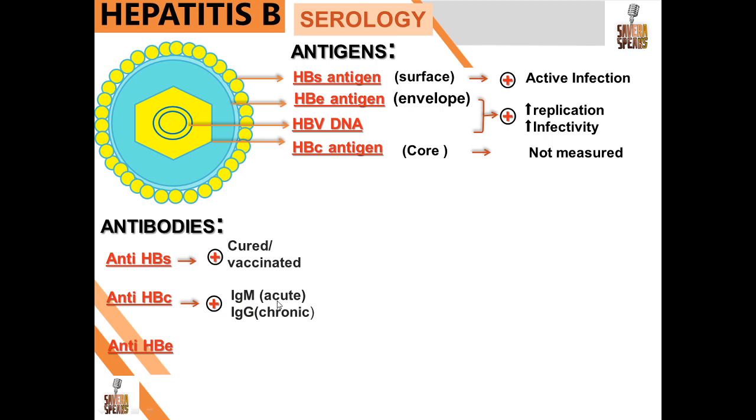IgM indicates the acute infection and IgG indicates the chronic infection. The third antibody, anti-HBe, if this is positive, there will be decreased replication and decreased infectivity. And now we are moving towards the diagnosis, in which we see which marker will be present and which will be absent in the respective stages.